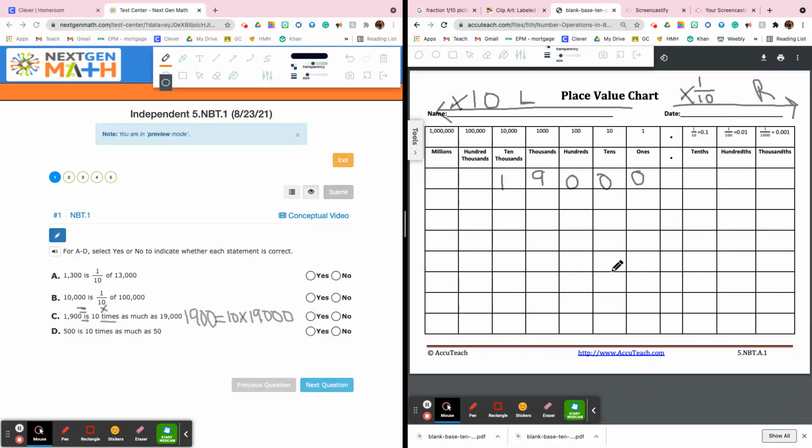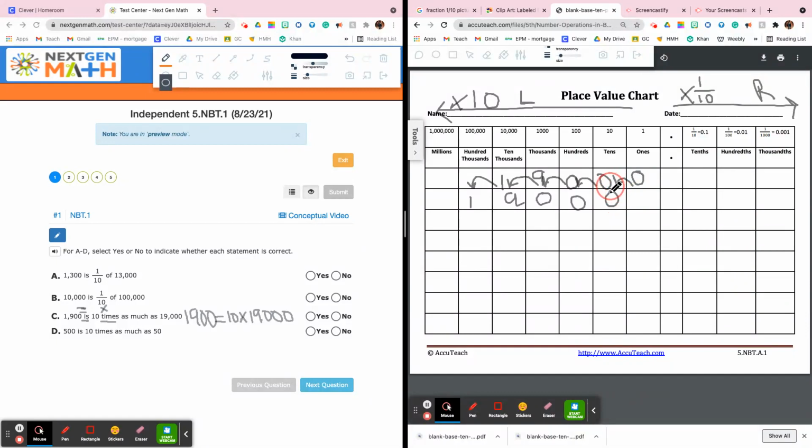So in this case, my numbers will move one space to the left. My 1 is going to change to be on the 100,000 place. My 9 is going to change to the 10,000. My 0 is going to change to 1,000. My other 0 that's located in the 10 is going to change to the hundreds. And my 0 that's in the ones would change to the tens.